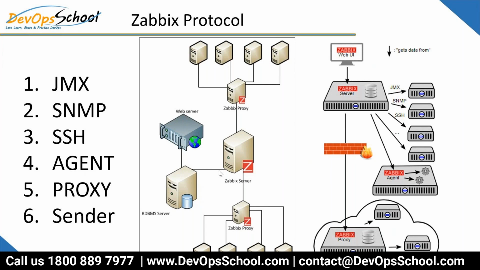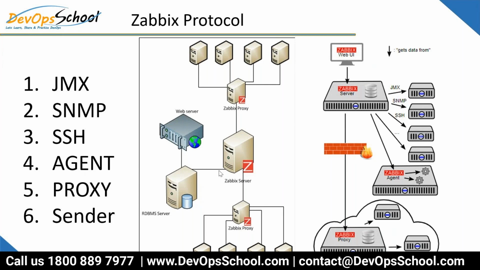We call it Java Management Extensions, I think I forgot that, but this is something. SNMP, Simple Network Management Protocol. That means if you want network data, then you want SNMP.